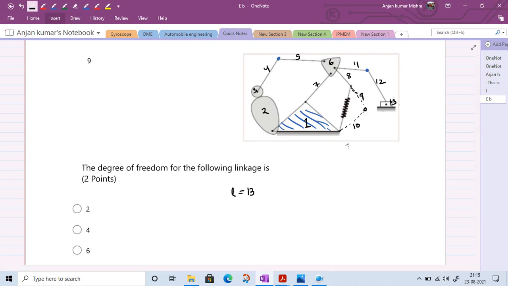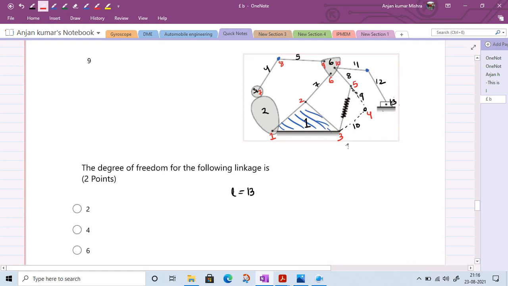Now the number of joints. This one is 1, this is 2, this is 3, this one is 4, this one is 5, this is 6, this is 7, this is 8, this is 9. At this point, link number 6, link number 8 and link number 11, 3 links are connected.